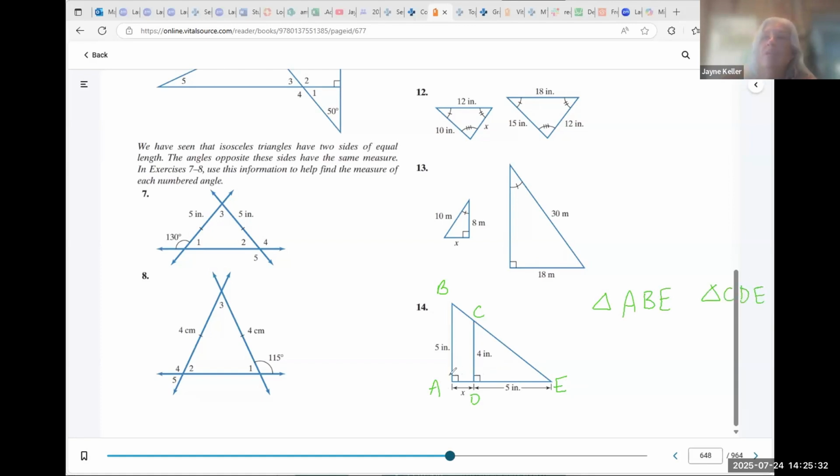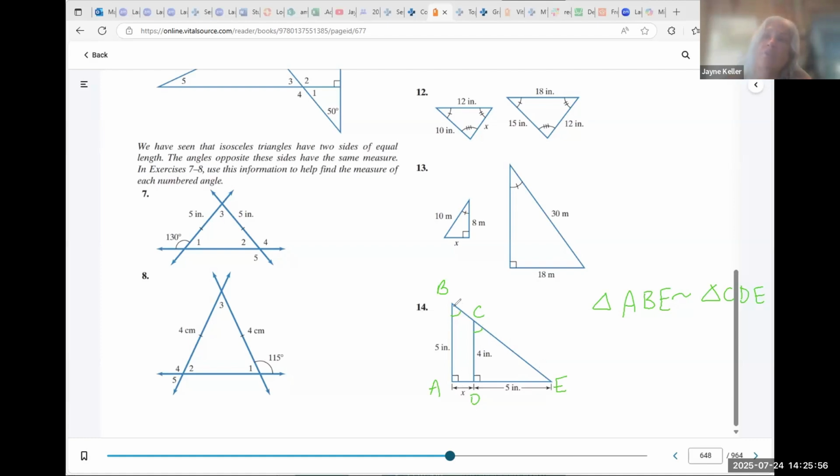They both have a right angle here, angle A and angle D. And then they share this angle. So that means that this third angle here, these have to be the same angle. So that means the triangles are similar. All three angles are the same. And whenever triangles are similar, then their sides have a constant ratio.